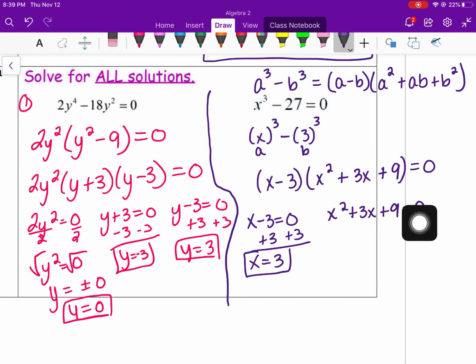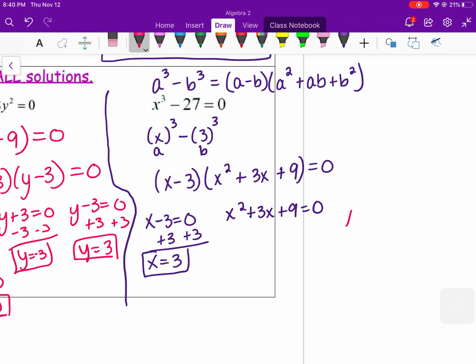And then for this side, since I can't factor it anymore, and I know I can't factor it anymore because nothing multiplies to 9 and adds up to 3, you could either solve by completing the square, solve by the quadratic formula, or that's it. So I typically do the quadratic formula.